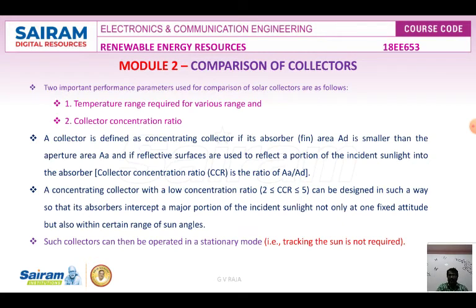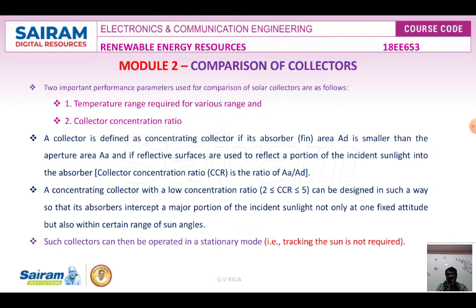So a collector is defined as a concentrating collector if the absorber area is smaller than the aperture area. That means the collector's absorber area is smaller than the aperture area.